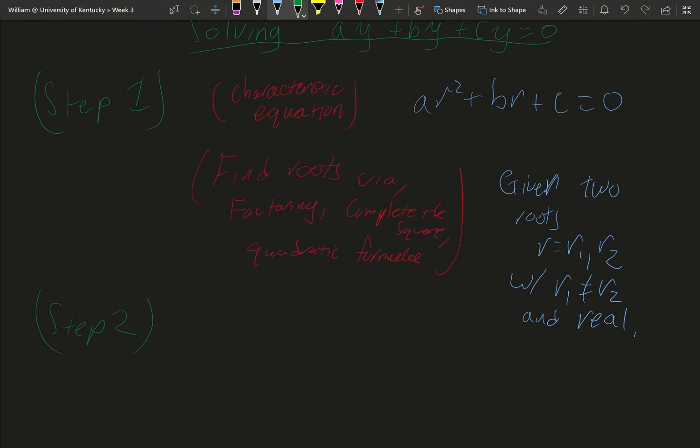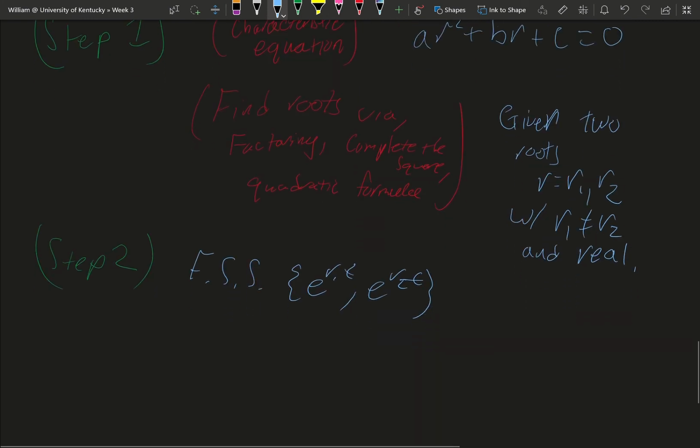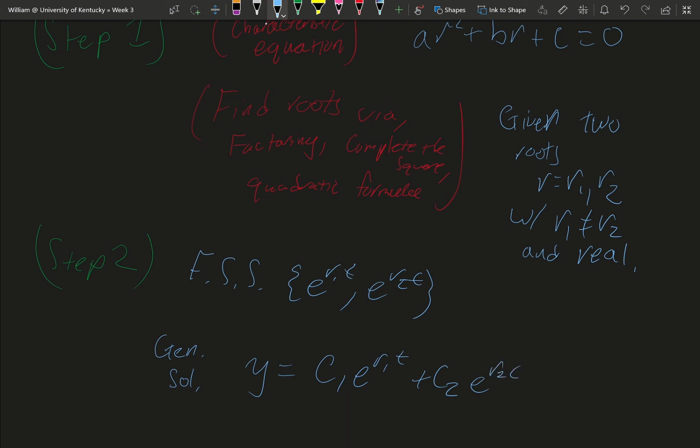we get that our fundamental set of solutions is going to be e to the r1t, comma, e to the r2t. And then our general solution is going to be y equals c1 e to the r1t plus c2 e to the r2t.